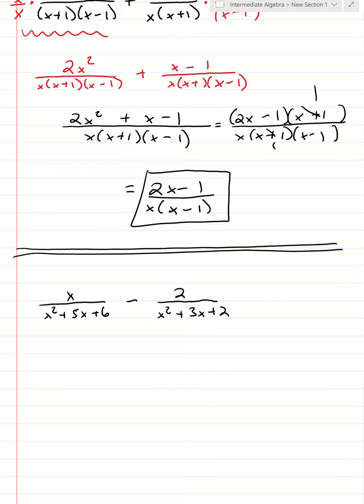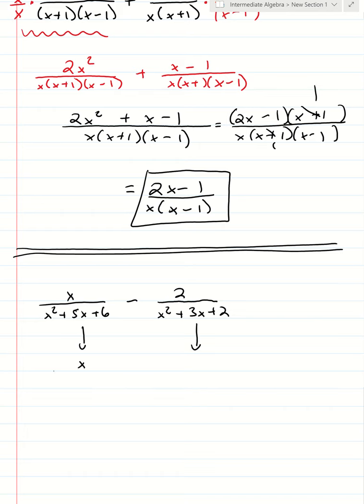Now, once again, these two fractions don't have the same common denominator. I do look at these denominators, and I do recognize the fact that they are factorable. So we want to factor down first each of these denominators.